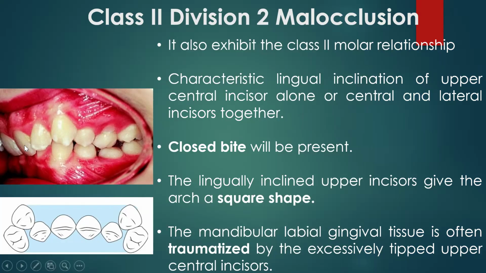As a result, a severe deep bite or closed bite will be present, and the upper arch will have a square shape. Because of these retroclined anteriors, they will continuously traumatize the labial gingiva of the lower anteriors. As a result, there will be severe gingival recession seen in the lower anterior region.